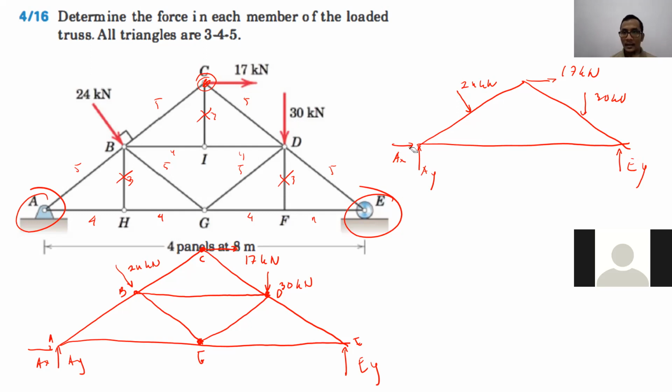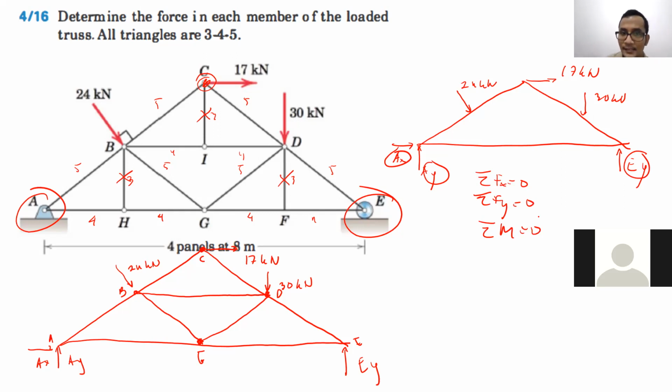In order to solve for AX, AY, EY, what are we supposed to do, Judy? We use sigma fx equal to 0, sigma fy equal to 0. What else? There are 3 unknowns, okay? Remember, 1, 2, 3. In order to solve for 3 unknowns, we need 3 equilibrium equations. What's the third one? Sigma moment equal to 0.